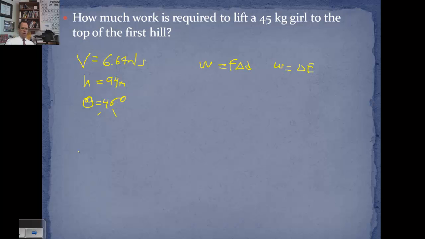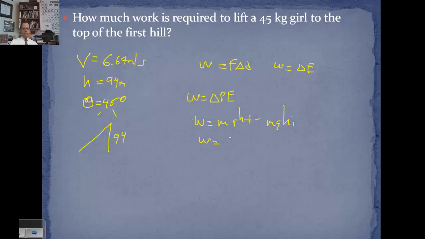Now remember from earlier, if we have a 45-degree hill like that, what ends up mattering is the height, not the length of the hill. So that 45 degrees ends up not changing the way we would do the problem. So work is change in potential energy, in this case, since the kinetic is staying constant. So mgh final minus mgh initial.